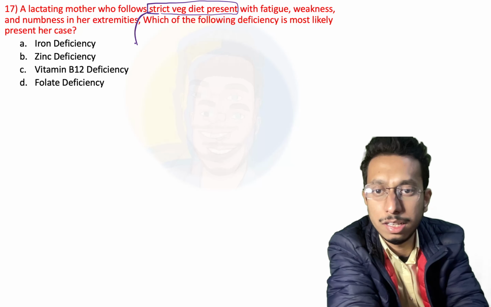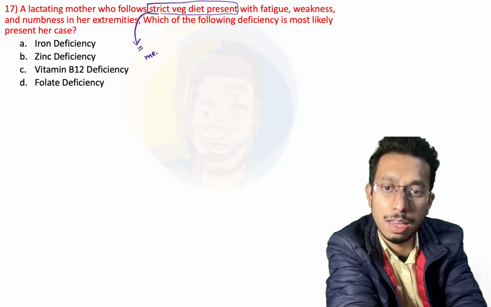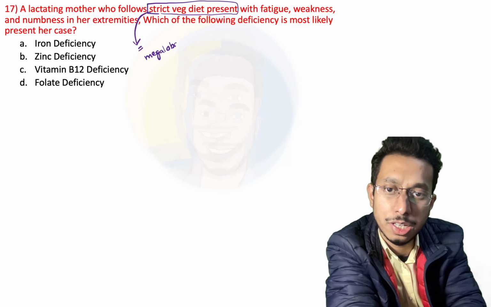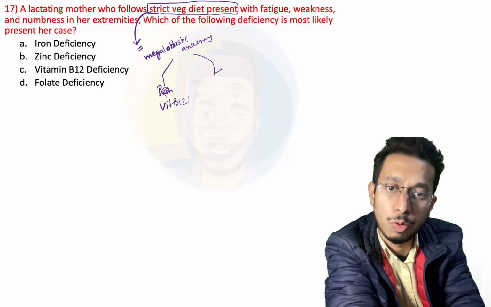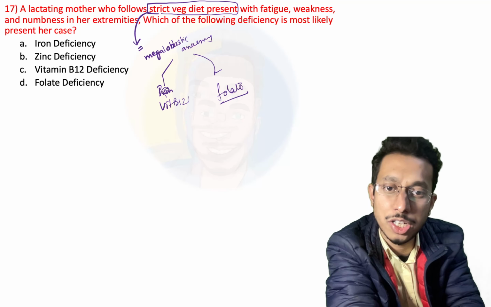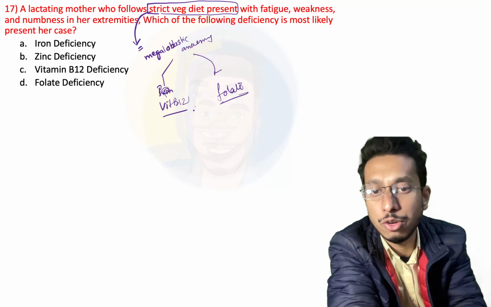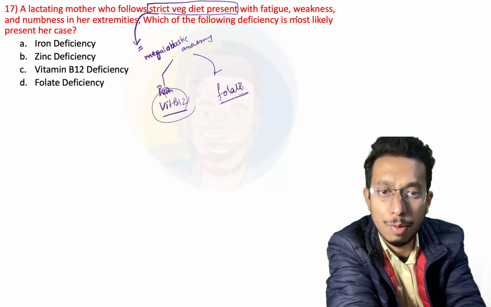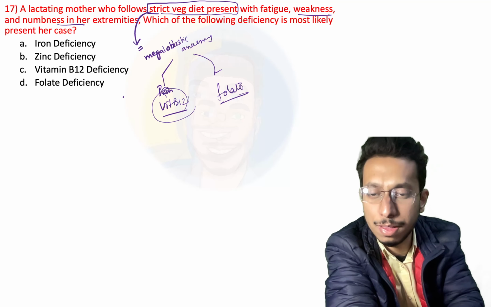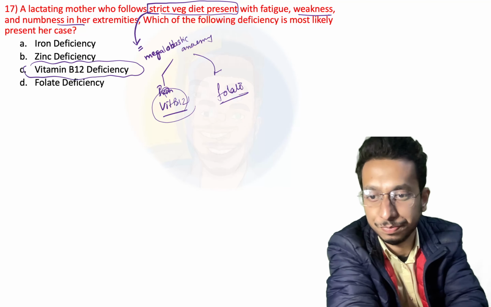Megaloblastic anemia is usually seen, and it can be due to two reasons: either vitamin B12 or folate deficiency. Now how to differentiate between the two? Neurological manifestations will be seen in vitamin B12 deficiency but not in folate deficiency. As neurological manifestations like weakness and numbness are present, obviously this is a case of vitamin B12 deficiency.